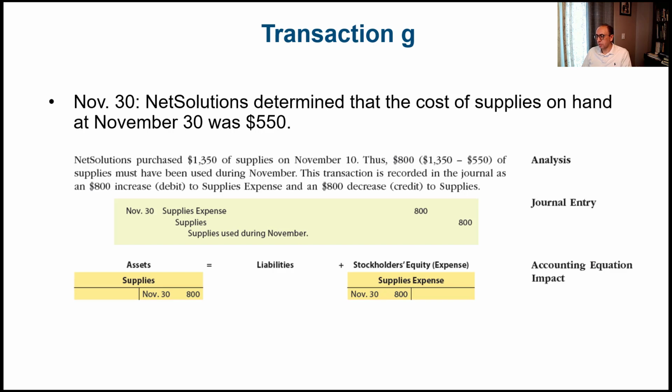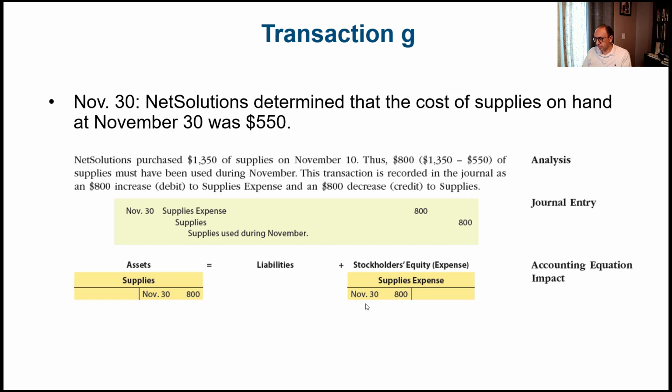When we use it, it goes down, so it has to go down on the credit side. So this is why on the T account under assets, supplies went down by 800. Remember, we originally had 1350, it went down to 550. So we need to record the difference as the amount that was used or consumed out of supplies. So we credit supplies by 800 and we debit supplies expense, which is a separate account, by the way.